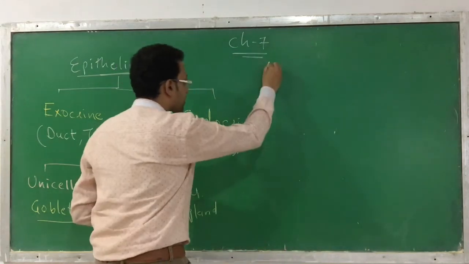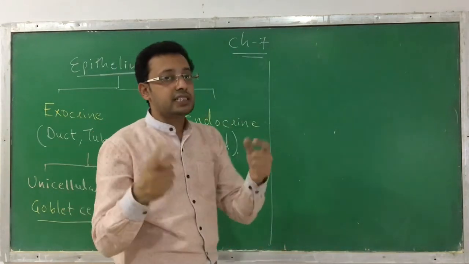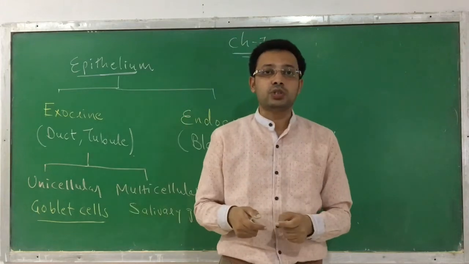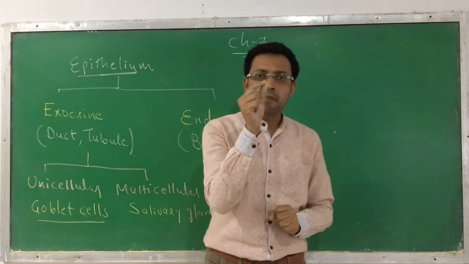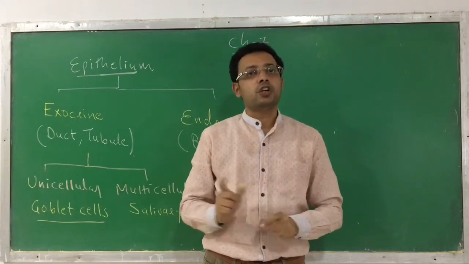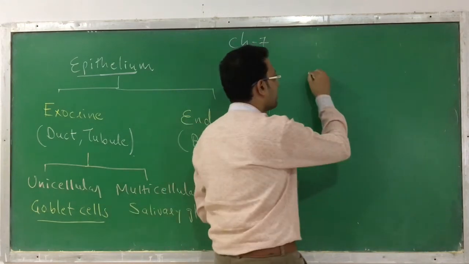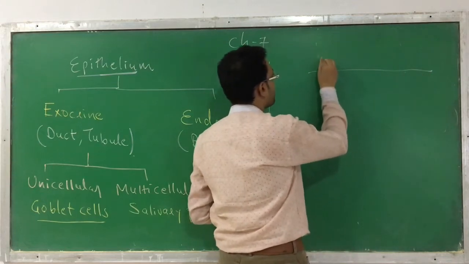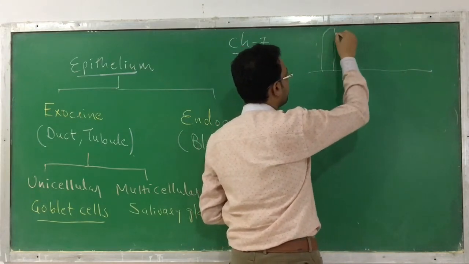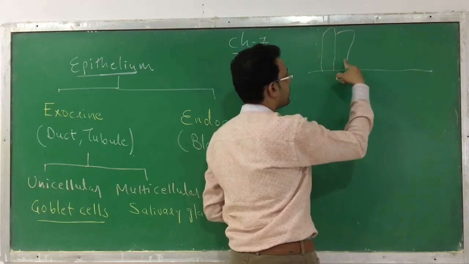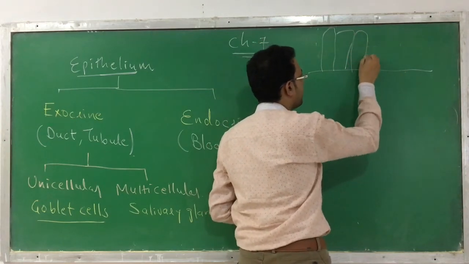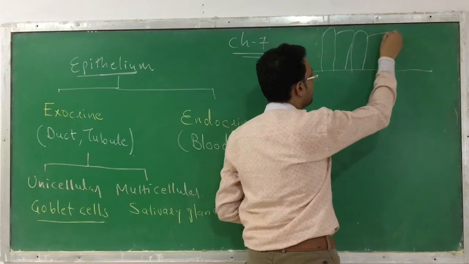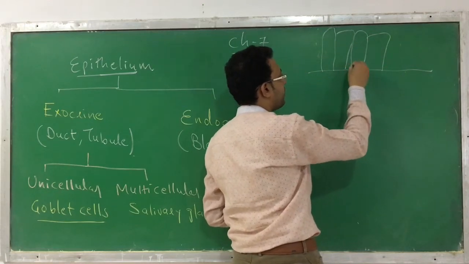Now, these epithelial cells are present nearby to each other. So there is a very minute gap between them, or no gap at all. Like I am showing over here, suppose it's a columnar epithelium. See, this is one cell, this is another cell, there is no gap. Suppose this is a third cell. Between these cells there is no gap or a very minimum gap.